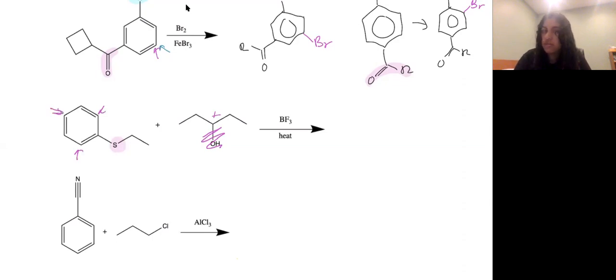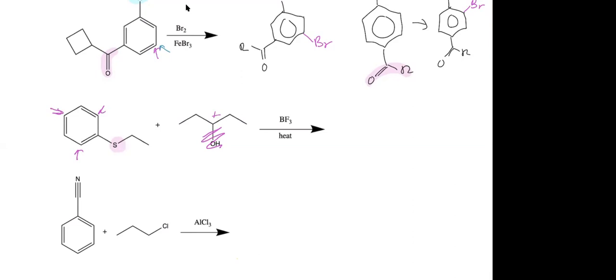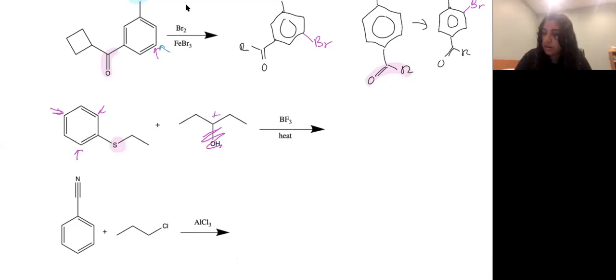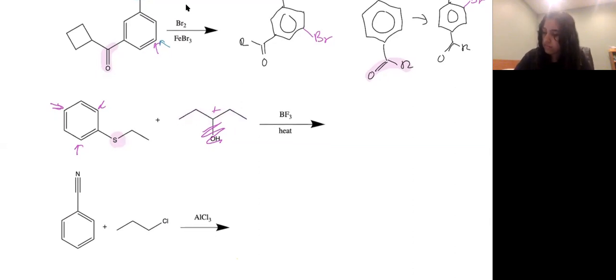But what do you think it's going to prefer, ortho or para? Would it be para because of steric hindrance? It would be para because this whole situation is pretty bulky and it's going to interfere a lot with the R group attached to the sulfur. Okay, it's really janky.